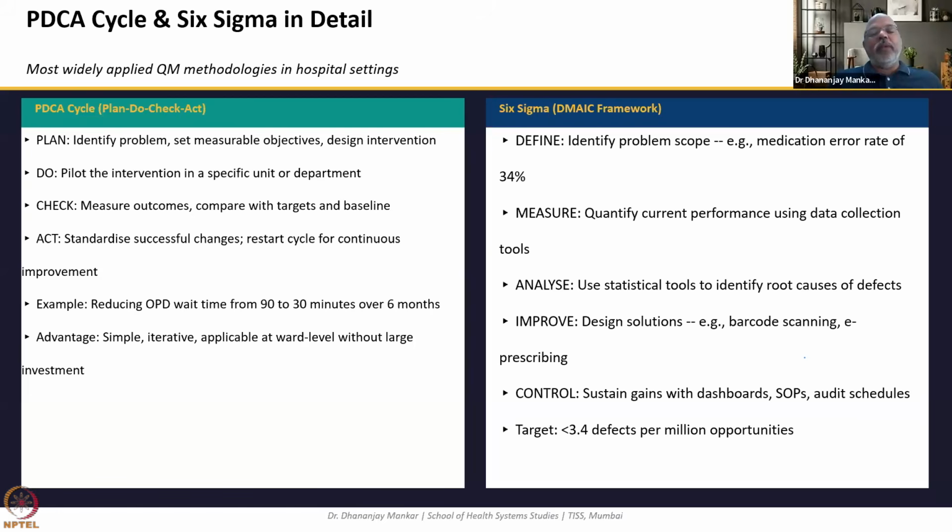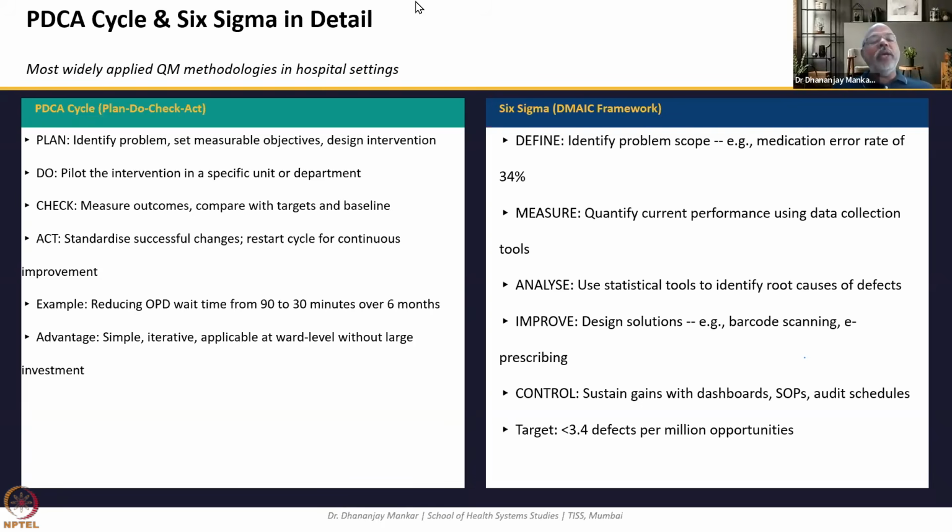If we talk about Six Sigma, which is not complex but is time consuming, you have to take it in the form of a project for this particular hospital. This hospital will require DMAIC, where you define, measure, analyze, improve, and control.